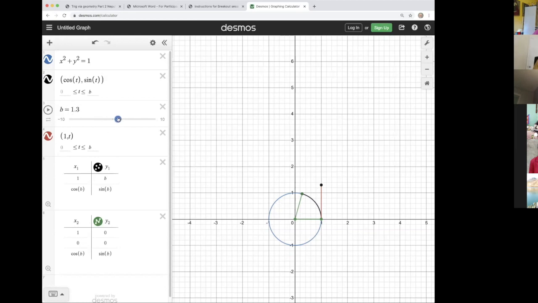Currently it's 1.3, but we could stretch it out to be, say, 2 units long. Now the red segment is exactly 2 units long, and it corresponds exactly to this arc of the unit circle, which is 2 units long. And the radian measure of this central angle, therefore, is 2 units because it is 2 radiuses. If we look at this green central angle, one radius is 1 unit long, the other radius is 1 unit long.